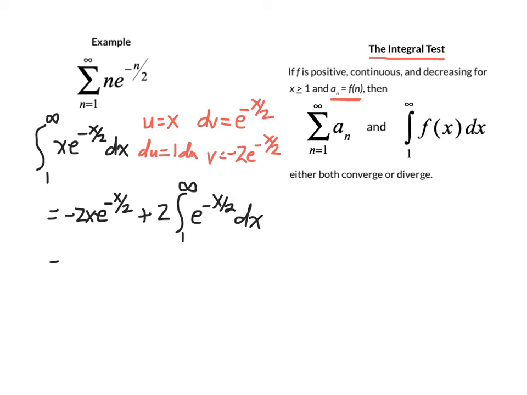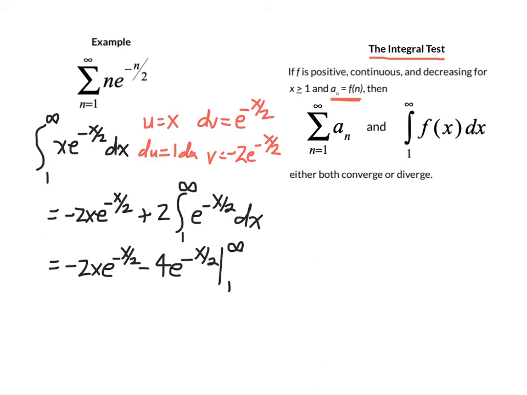We can integrate that e to the kx here. So ultimately our antiderivative is negative 2x e to the negative x over 2 minus 4 e to the negative x over 2, on our bounds from 1 to infinity.